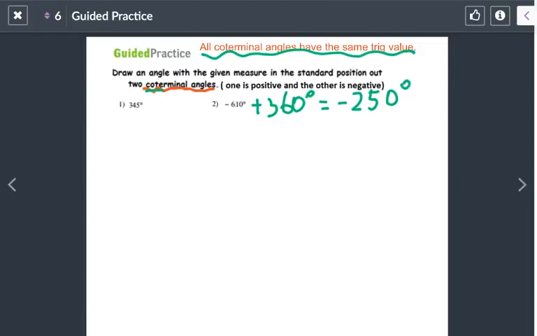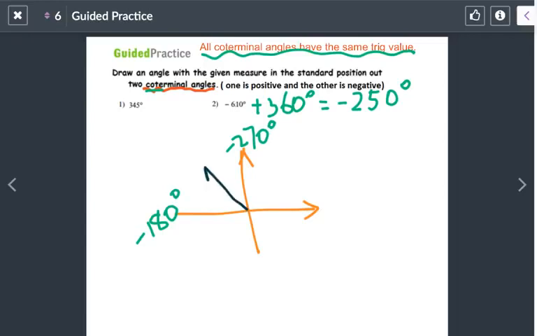Then we can draw it. Here we have negative 180 degree, negative 270 degree. So we know the terminal side of negative 250 degree will be in the second quadrant.